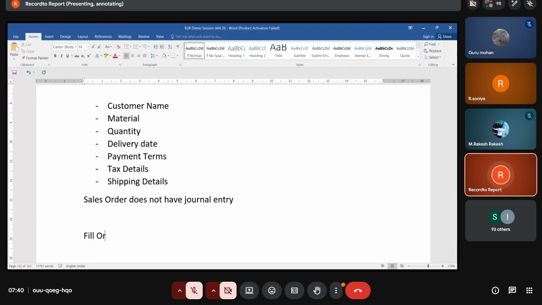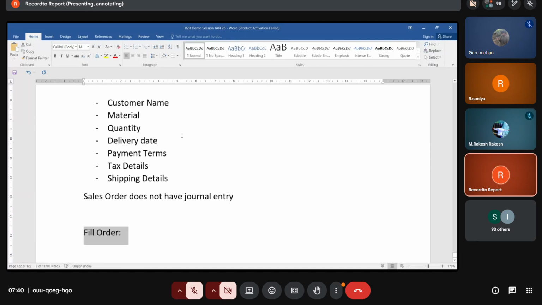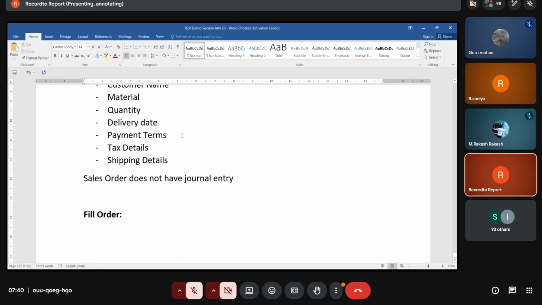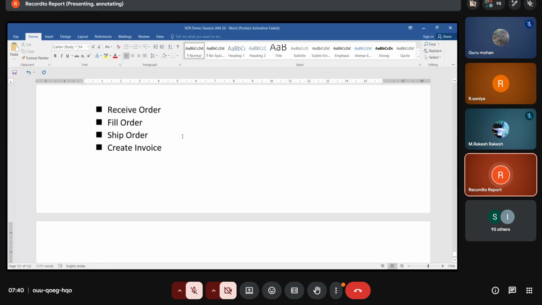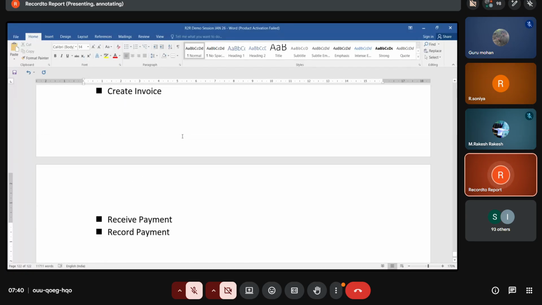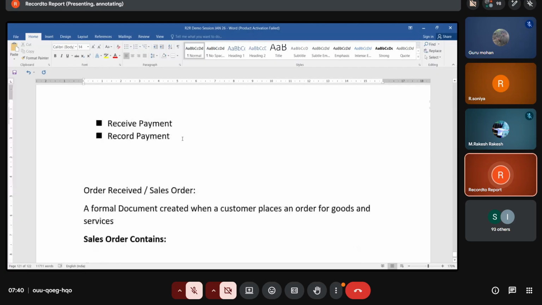Fill order in the sense that whatever order is received from a customer, arranging the goods as per the sales order. So there is no transaction here, guys. And once the ship order is done, that is delivery of goods.